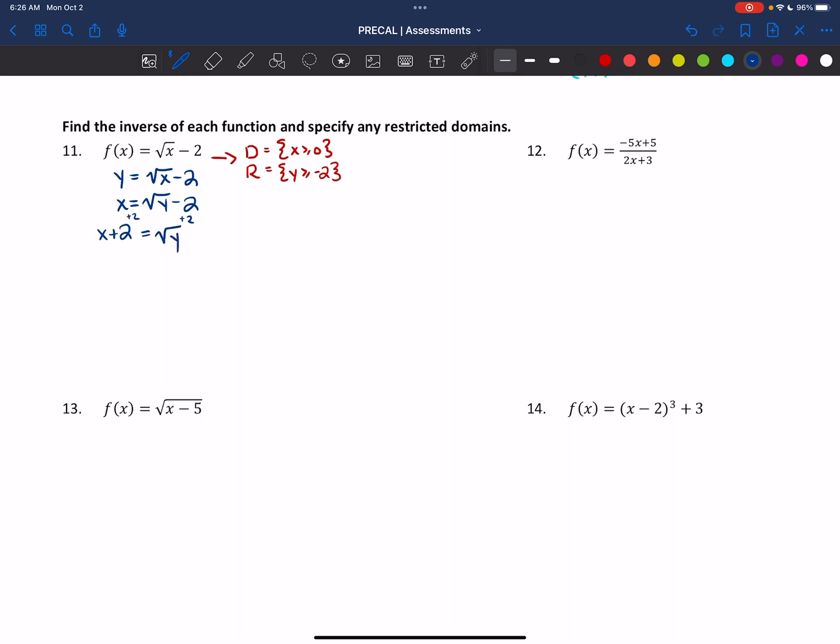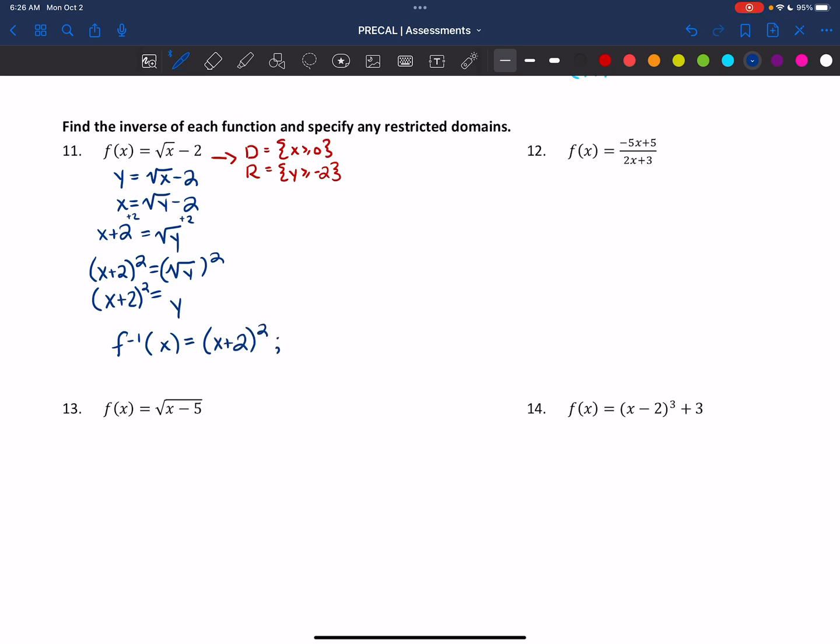And then we need to do the opposite operation again, which is to square both sides. And that gives us our y isolated, just as we were trying to accomplish. And now we can write, using function notation, the rule x plus 2 squared.